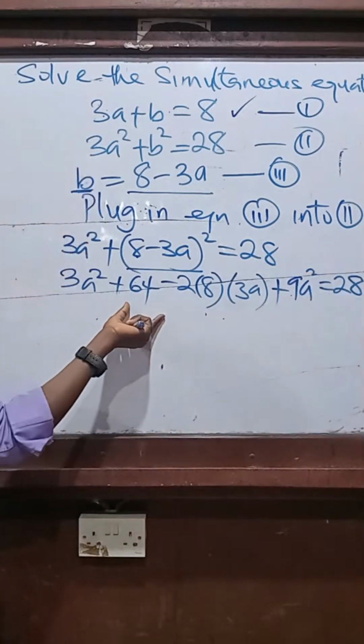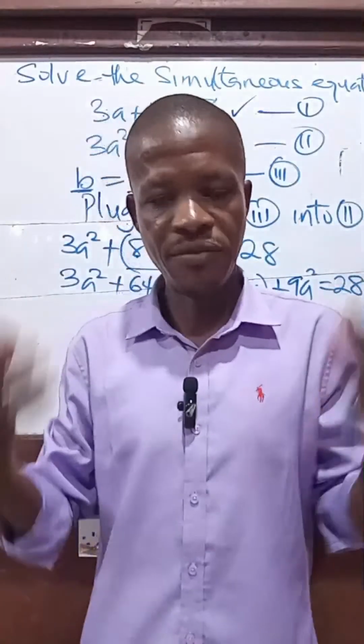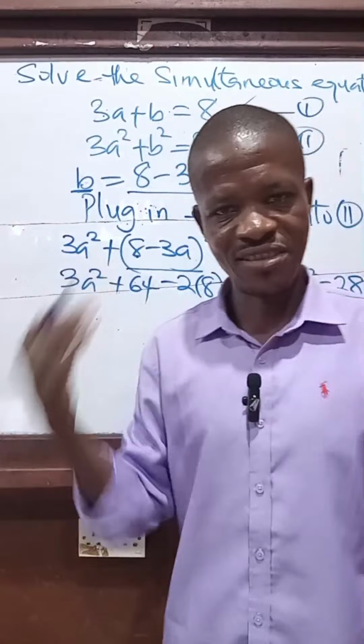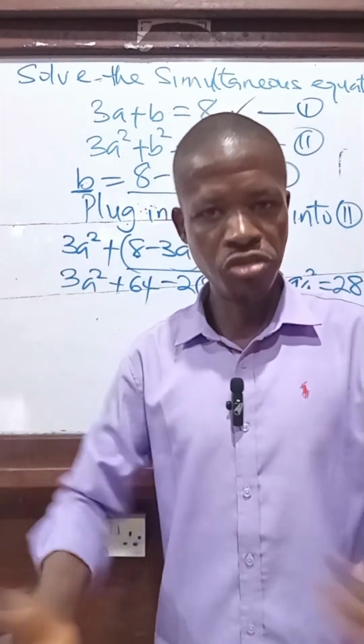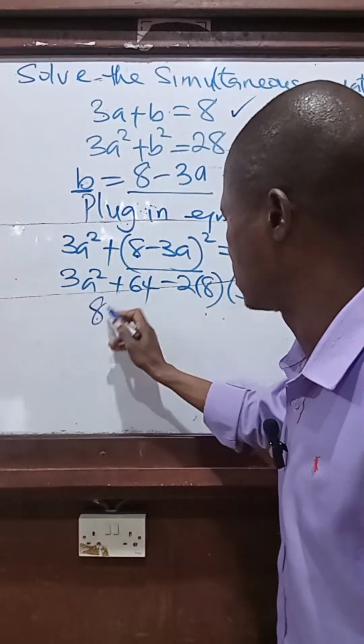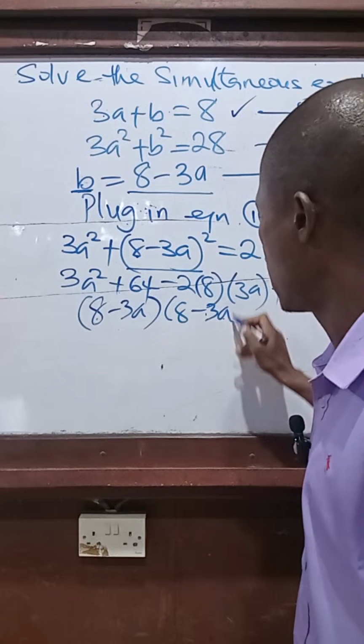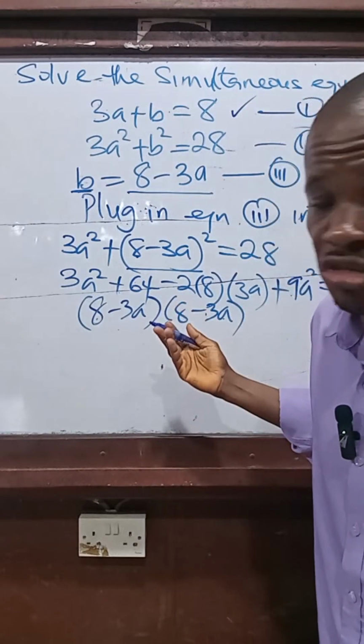If you don't like this expansion, you can do your normal expansion. It's just that we want to save our time. You can use the normal expansion of 8 minus 3a times 8 minus 3a. The choice is yours.